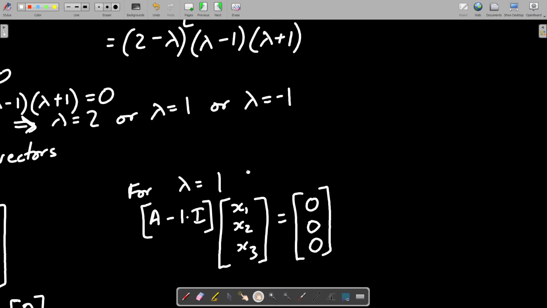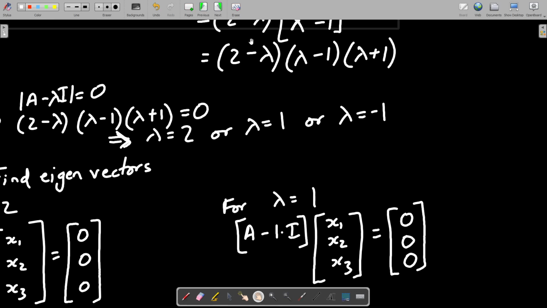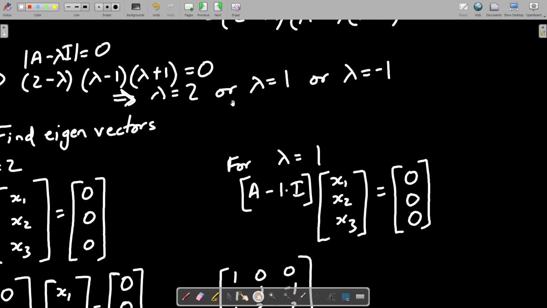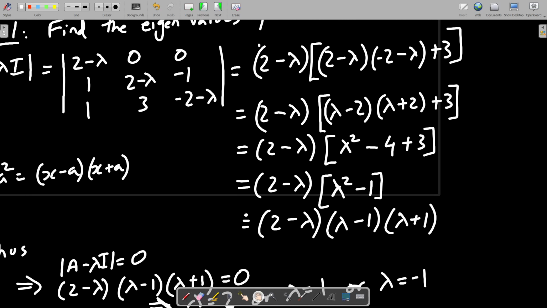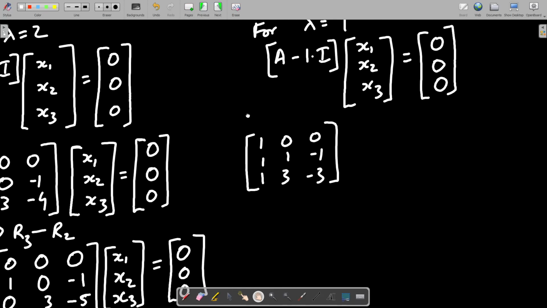Okay, A minus I we have to do. Let me just check what are the values of A first. So 1, 1, minus 3. 1, 1, minus 3. Let me just check again to be sure. 1, 1, minus 1, 3, minus 2.